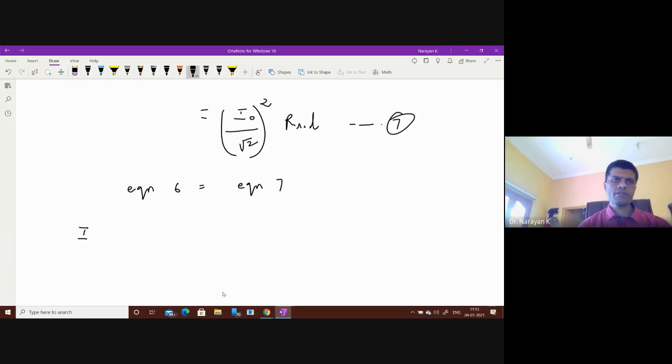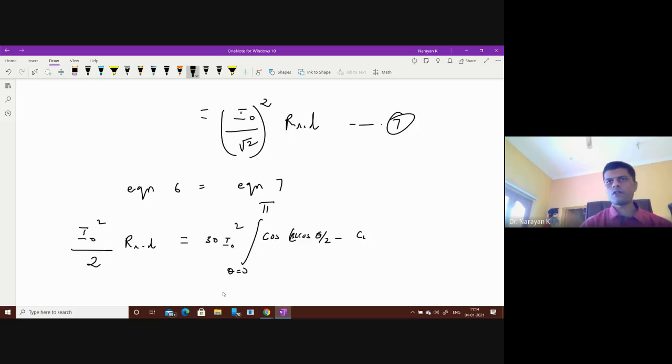So what will happen is your I naught square by 2 into radiation resistance is equal to 30 I naught square, your theta varying from 0 to pi, cos of beta L cos theta by 2 minus cos of beta L by 2, this whole thing whole square, d theta by sin theta.